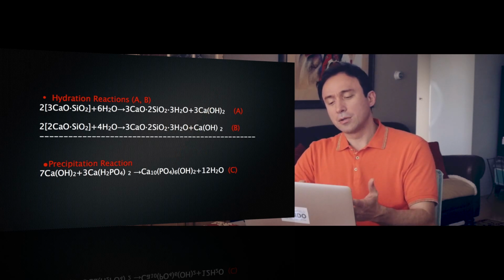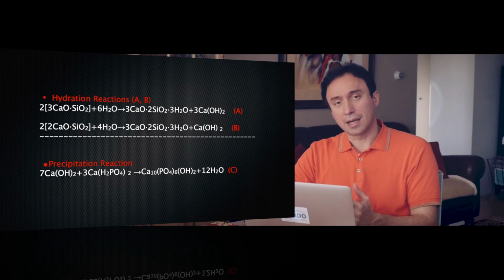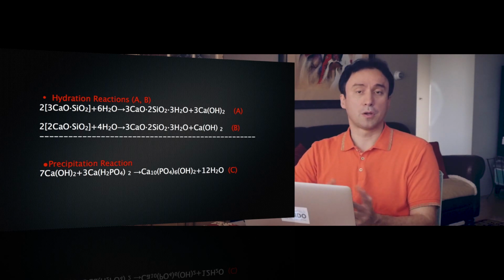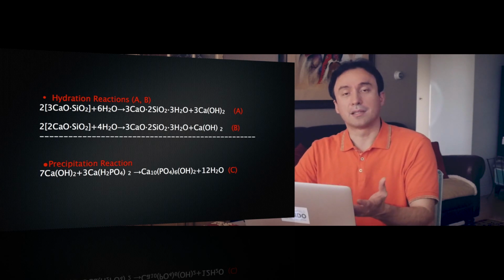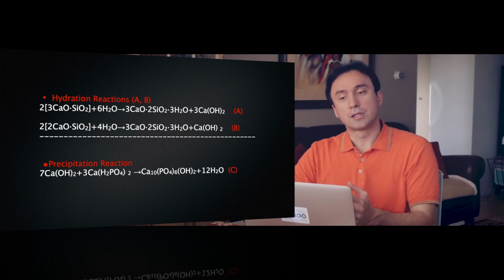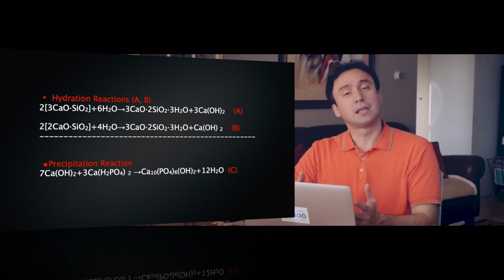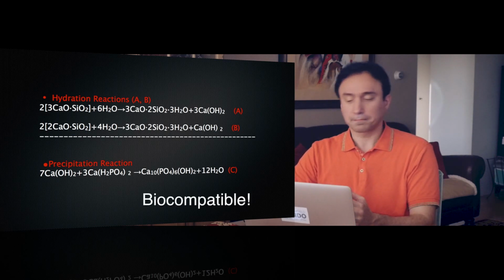The fact that you end up with hydroxyapatite in the sealer basically tells us two things. First of all, hydroxyapatite is a natural component of the human skeleton. Both dentin and bone contain calcium hydroxyapatite, and as a result, this sealer is very biocompatible.